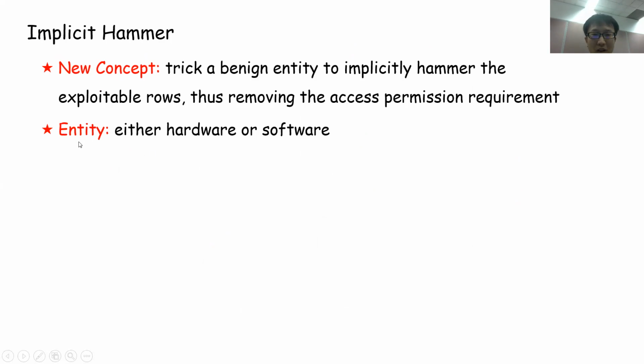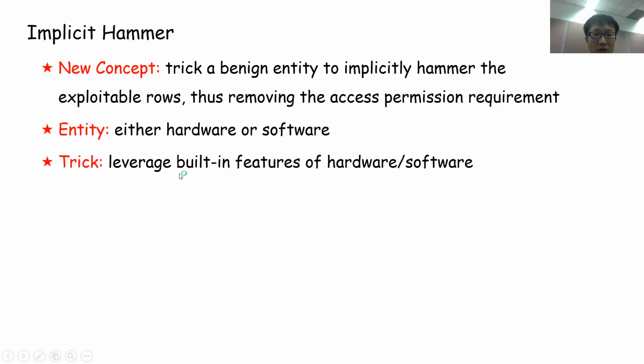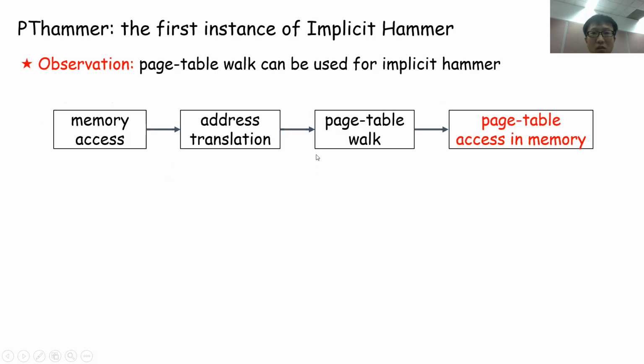So the benign entity X could be either hardware such as a processor or software such as the kernel. The tricks could be leveraging built-in features of modern hardware or software such as speculative execution, address translation, system call handler, etc. To demonstrate the viability of Implicit Hammer, we propose the PThammer attack, the first instance of Implicit Hammer.